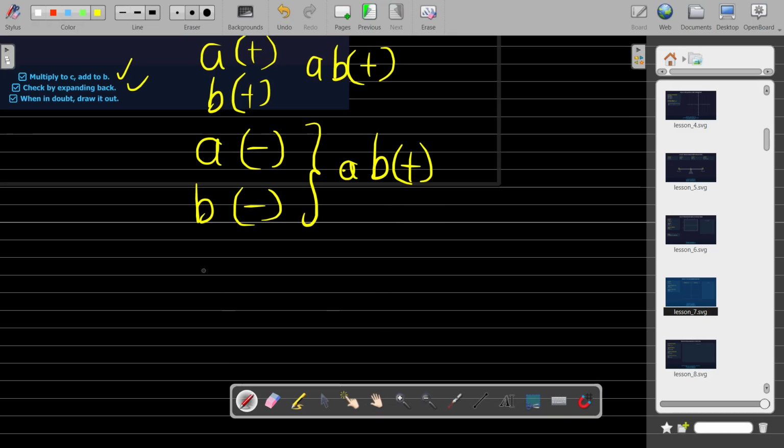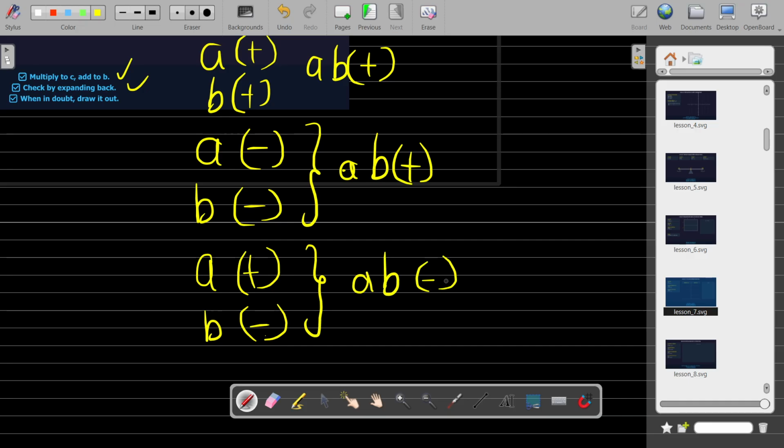Now on the other hand, when we have one positive and one negative, this will create one negative number. It doesn't matter whether A is negative or B is negative here. If there's one negative and one positive, it's always going to be the negative number.